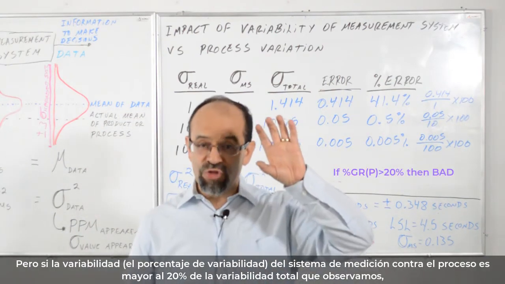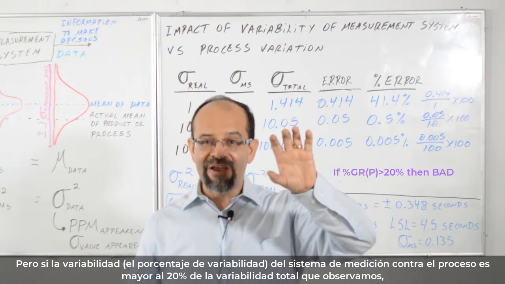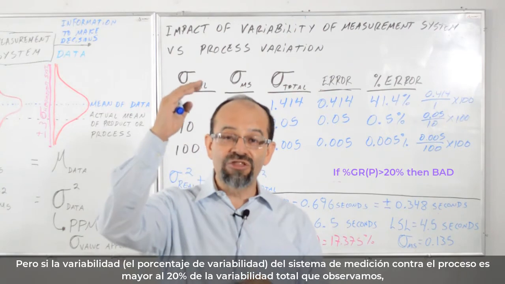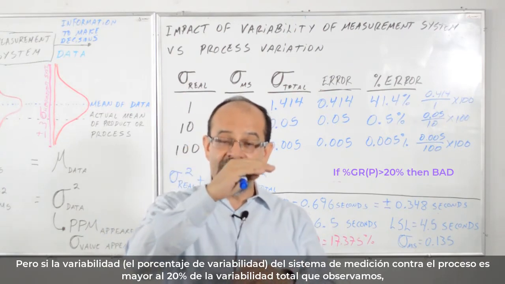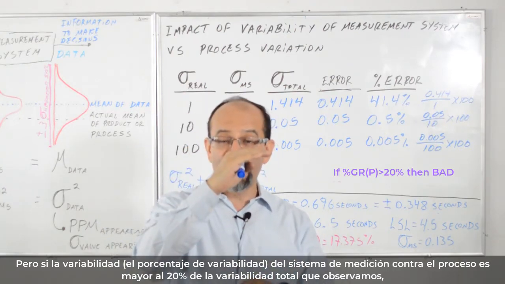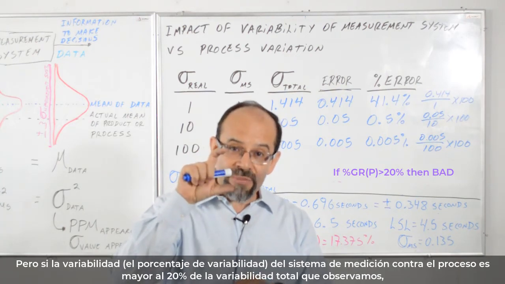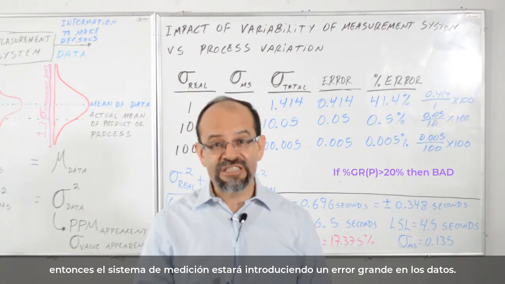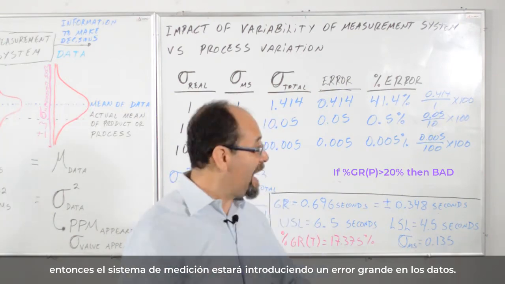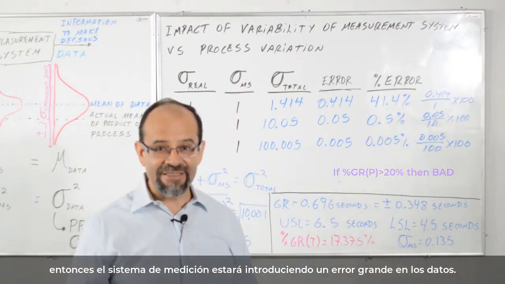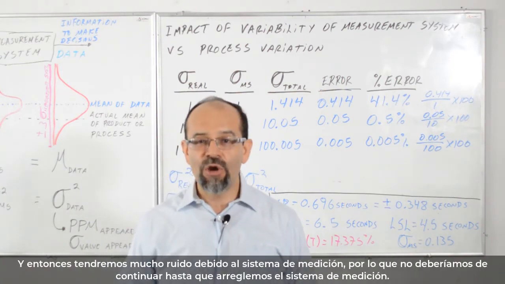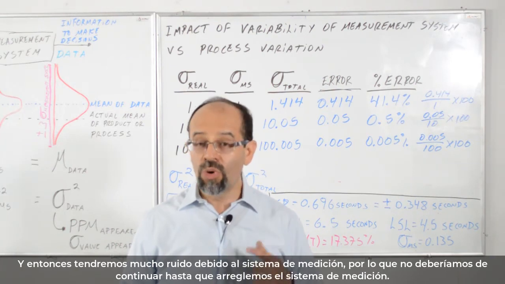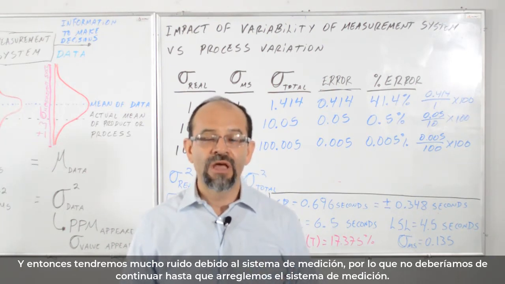But if the percentage of variability of the measurement system against process is greater than 20%, I mean, more than 20% of the total variability that we observe is because of the measurement system, then the measurement system will be introducing a big error on the data. And then we will have a lot of noise because of the measurement system. So we shouldn't continue until we fix the measurement system.